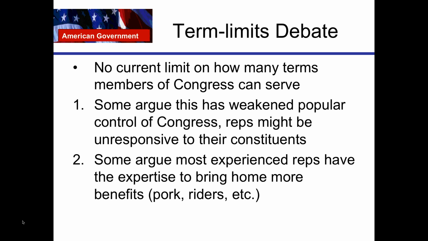So they're a little bit more independent. So number one would generally be an argument used for people that are in favor of term limits. And number two would be an argument that would be used for somebody that is against term limits.